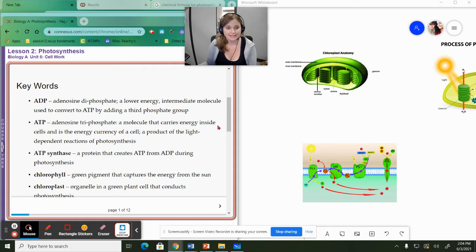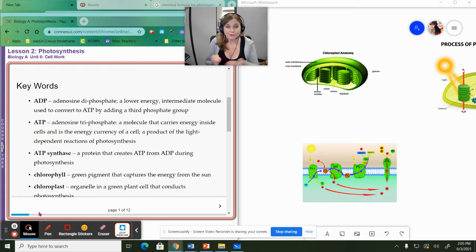It's a molecule that carries energy inside cells and is the energy currency of a cell. As you can see, adenosine triphosphate has 3 phosphates, whereas adenosine diphosphate has only 2 phosphates. And so the difference is you add that extra phosphate group to make adenosine triphosphate, or ATP.